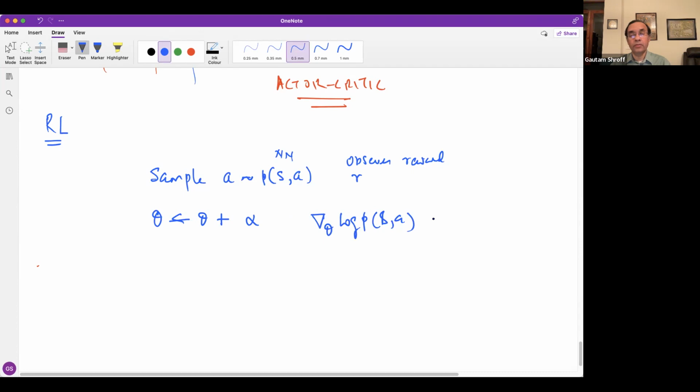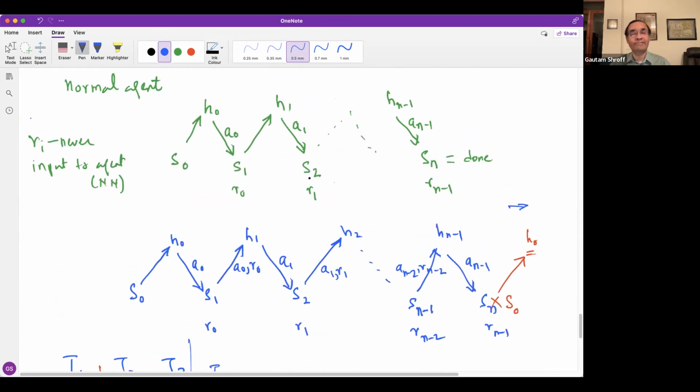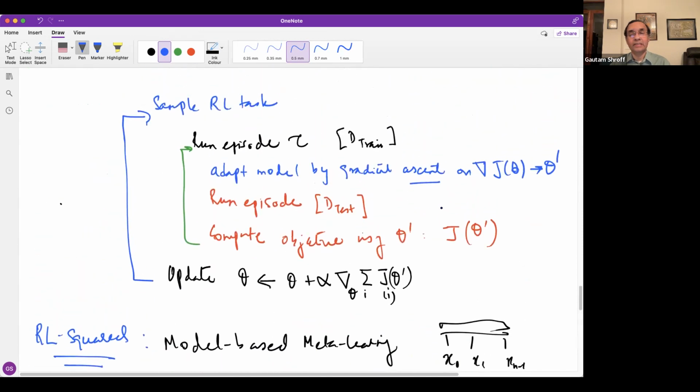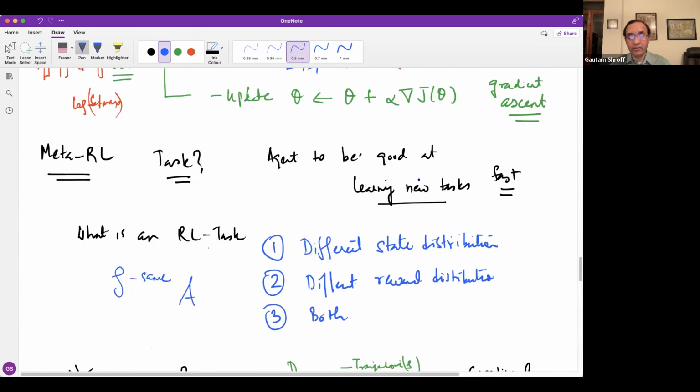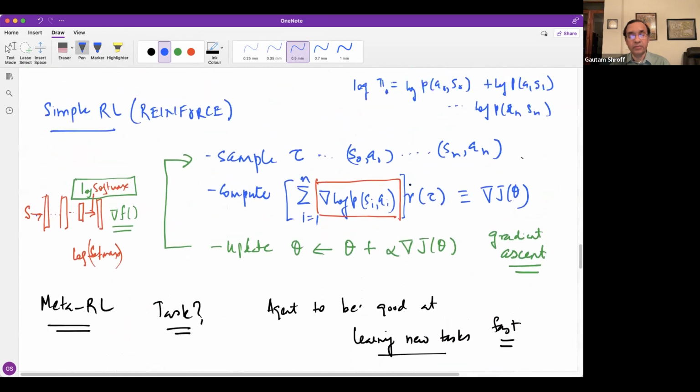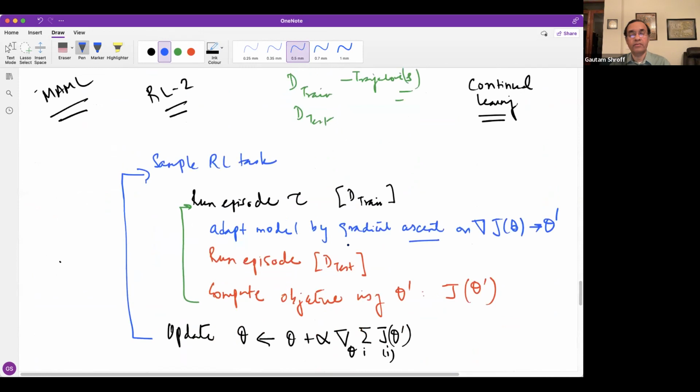But this R was for the entire trajectory. That's the problem, you see. The R that you had to multiply by was for the entire trajectory. But you only have one action here.